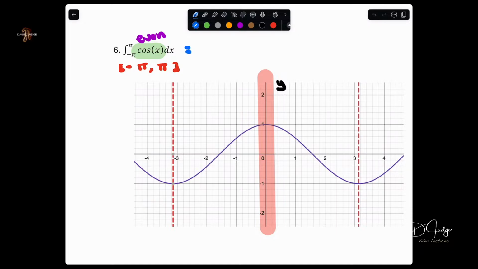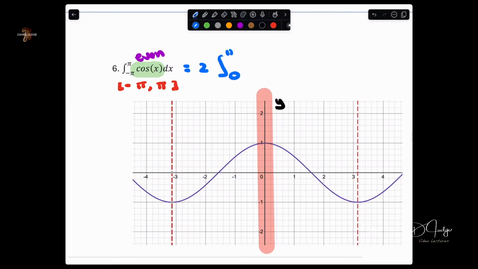So for an even function, let's remember, it's going to be equal to twice the integral from 0 to pi of cosine x dx.